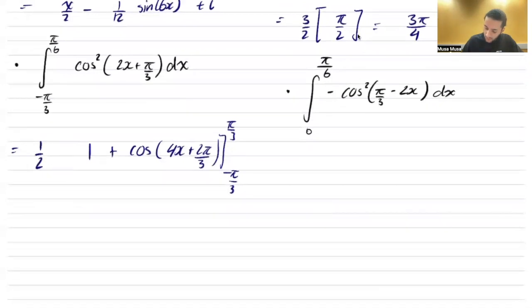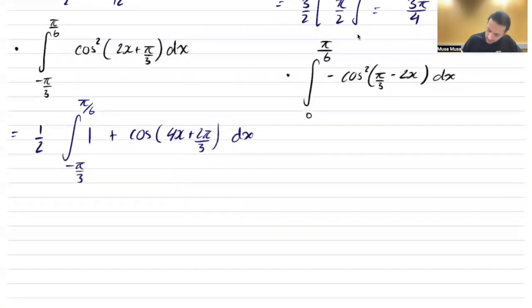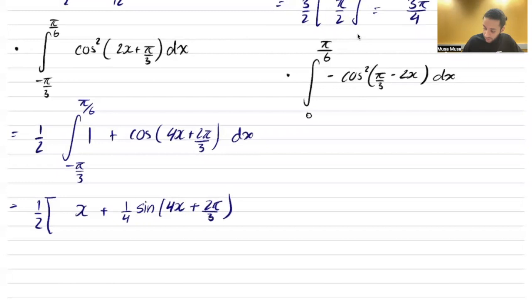Whoa, whoa. What am I doing here? This is abysmal working. Pi on 6 dx. Yep, did I do this correct? Yeah. Then integrating, we're going to get x plus 1 on 4 sine 4x plus 2 pi on 3 from minus pi on 3 to pi on 6.